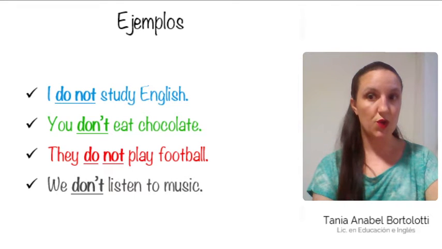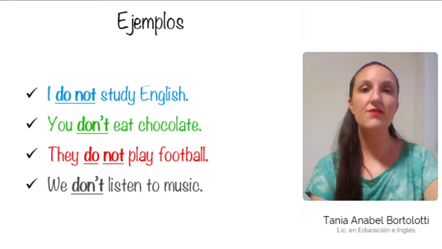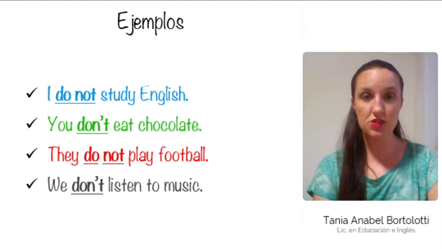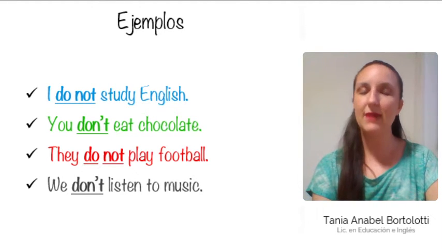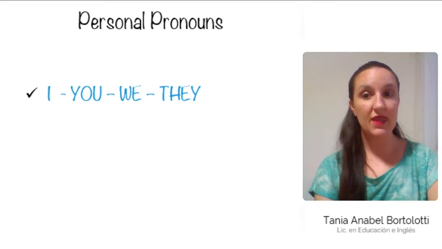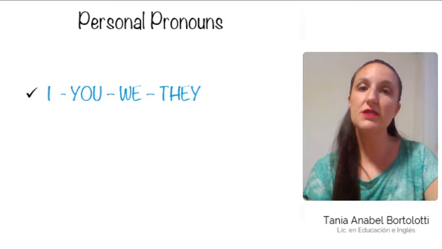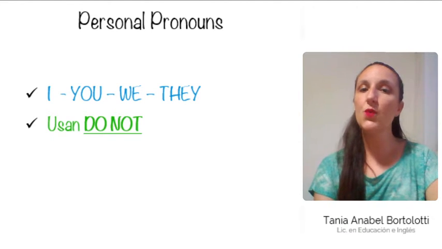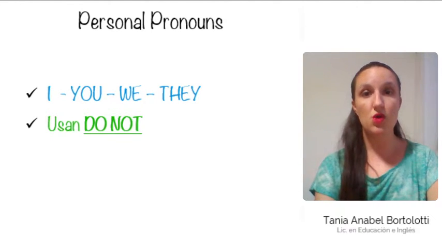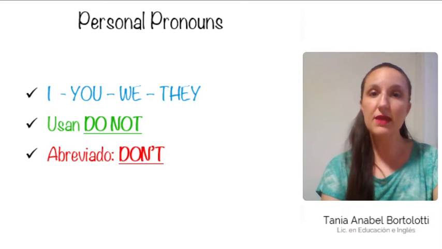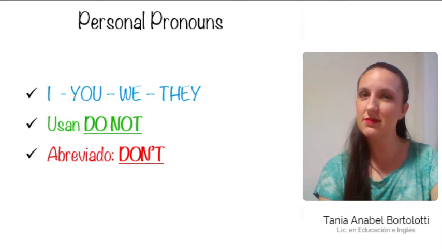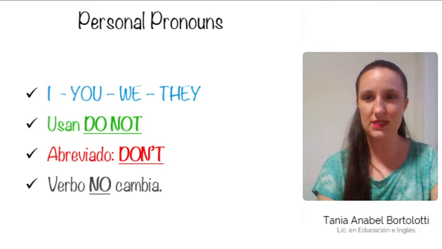So, what we can see here is that we have the auxiliary in two forms. We can say do not or don't, meaning the same. That is to say that with the personal pronouns I, you, we, and they, we use the auxiliary do not. But it can be abbreviated into don't. It changes the pronunciation just a little bit.